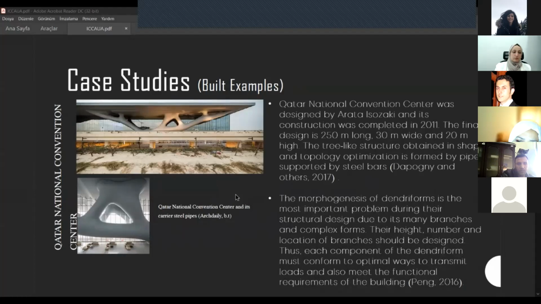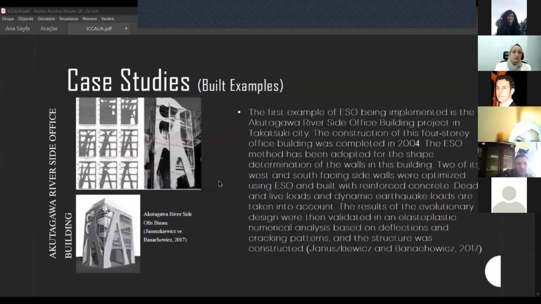The dendriform-like structure is the most problematic part of the structure design. Each component of the dendriform must conform to optimal ways to transmit loads and also meet the functional requirements of the building.